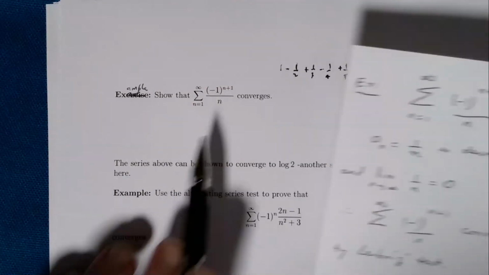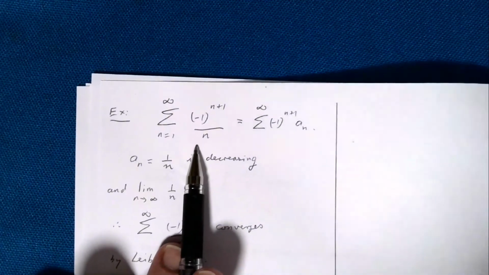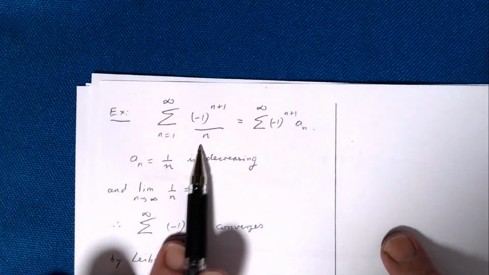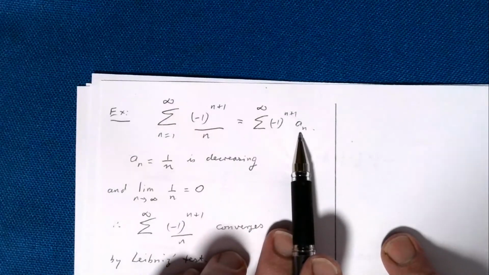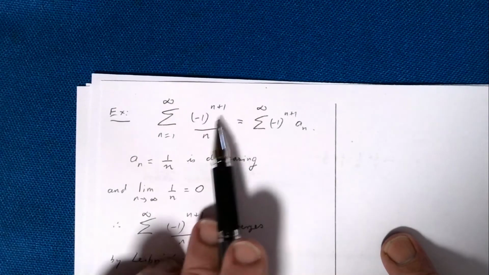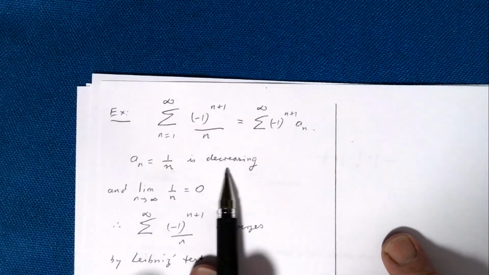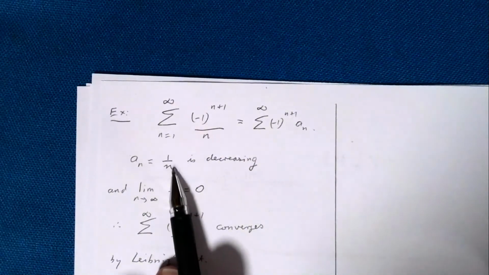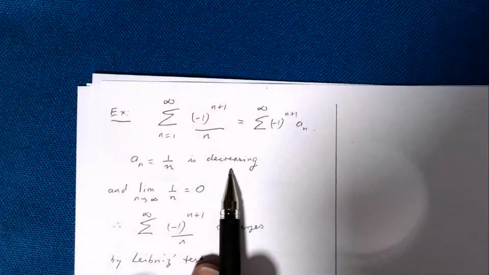Here's a little proof of this. This is how we would set this out. So here's our alternating harmonic series, and I can think of it as minus 1 to the n plus 1 times a_n. The a_n then is just 1 over n. Now clearly this is a decreasing sequence: 1, a half, a third, a quarter, the terms are getting smaller, so it's decreasing.